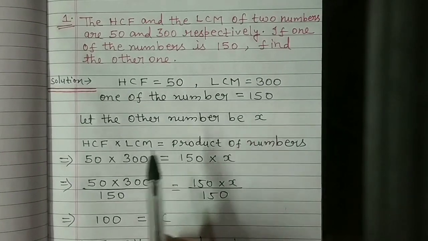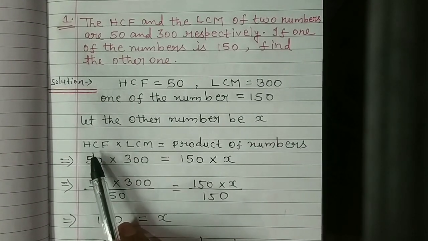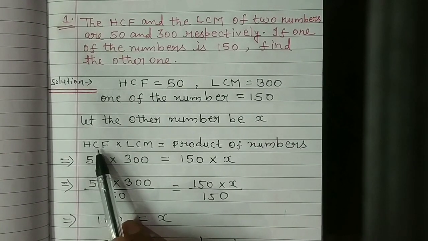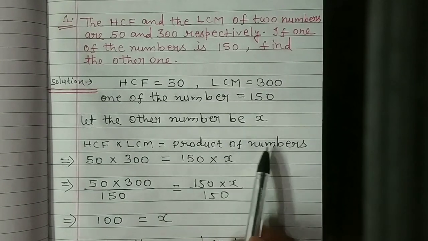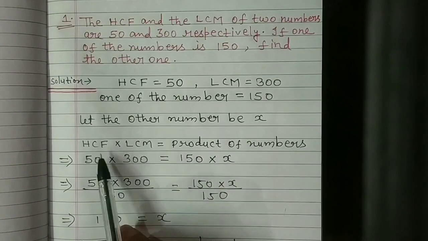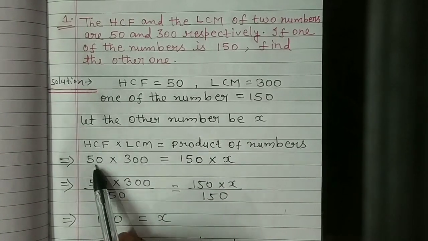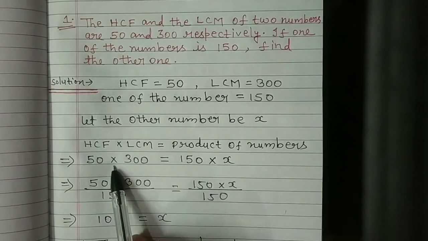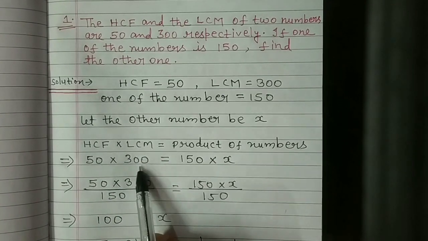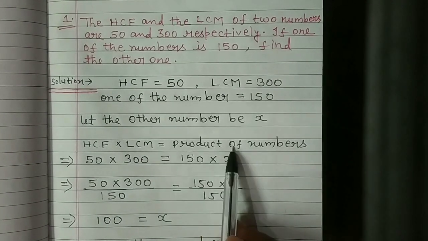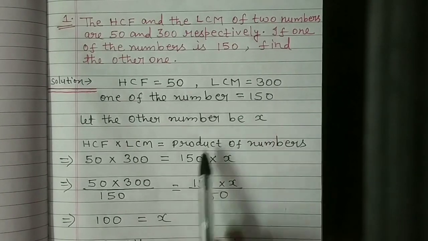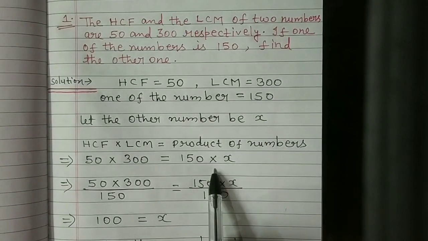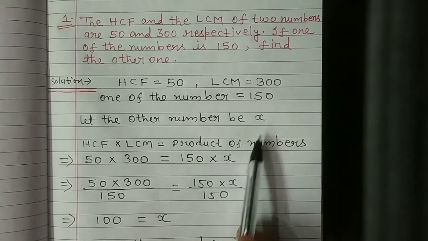Now I have written the result: HCF into LCM equals the product of numbers. The value of HCF is 50, into the value of LCM, 300, equals the product of the two numbers. The first number is 150, into x, the other number. Clear?